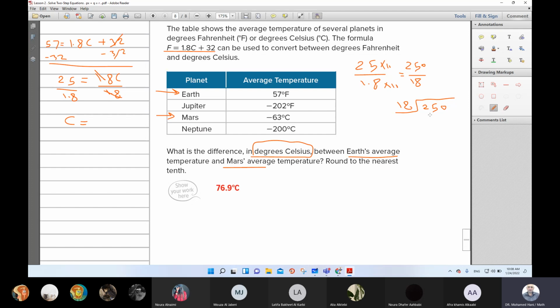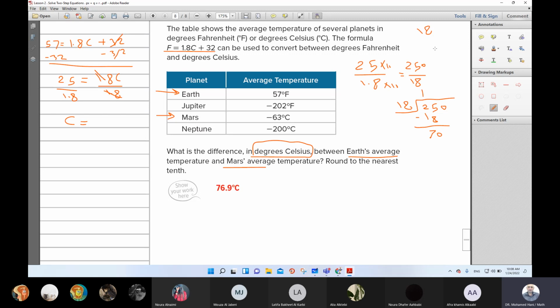Here you have two digits, so take two digits. 25 divided by 18 is 1. 1 times 18 is 18. 25 minus 18 is 7. Then drop the 0. 70 divided by 18. Which number times 18 equals 70 or close to 70 without exceeding it?